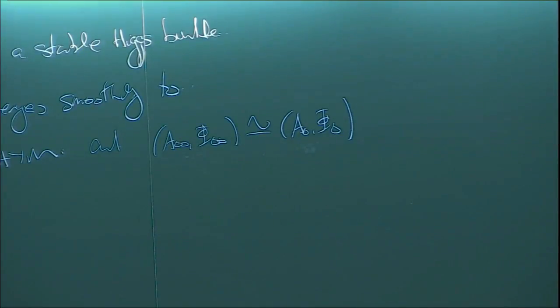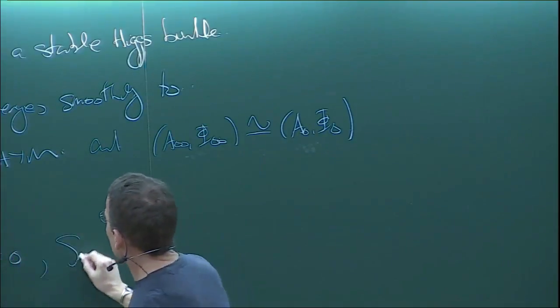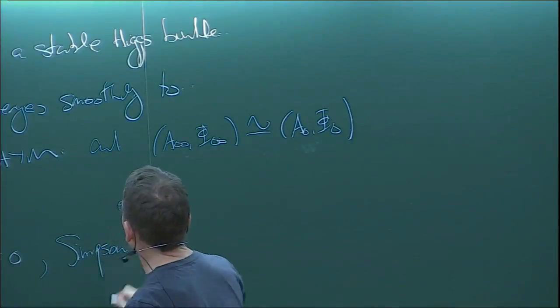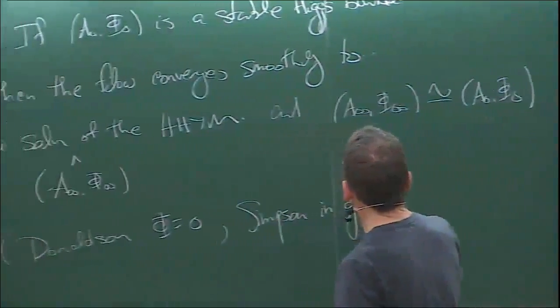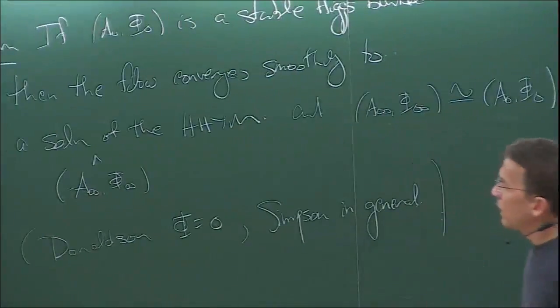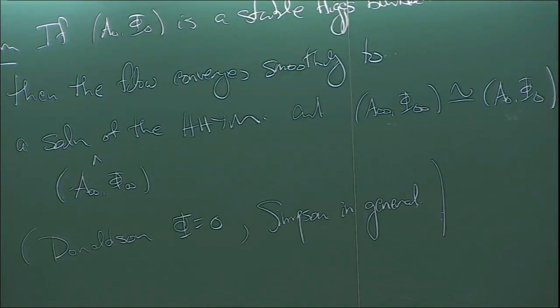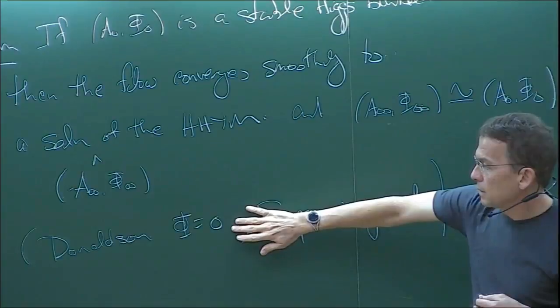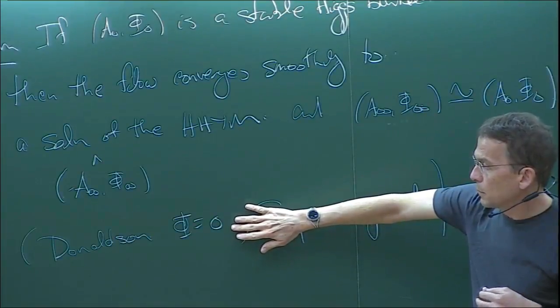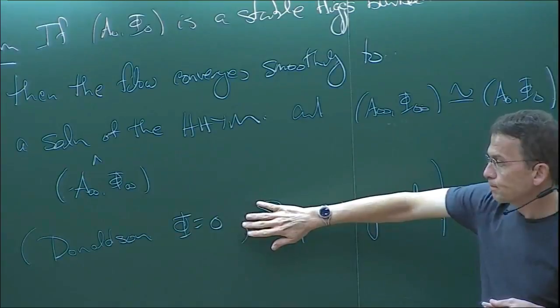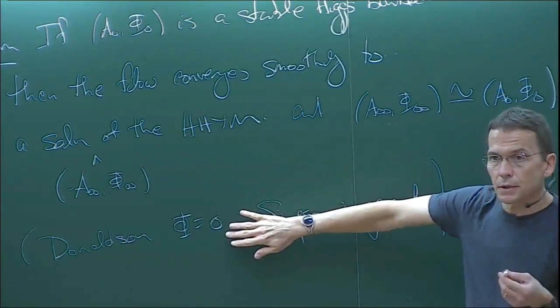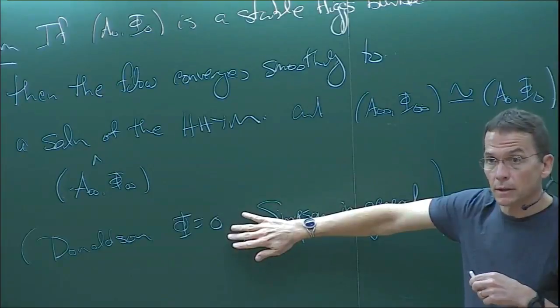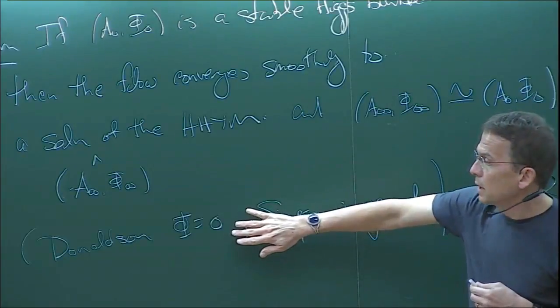So of course this is a theorem of Donaldson for stable bundles when you turn off the Higgs field, and Simpson in general. And so let me just say a historical comment: in the case of stable bundles, the proof of the existence of Hermitian-Einstein metrics is due to Donaldson, on the one hand, for algebraic manifolds, and Uhlenbeck-Yau in general for Kaehler manifolds.